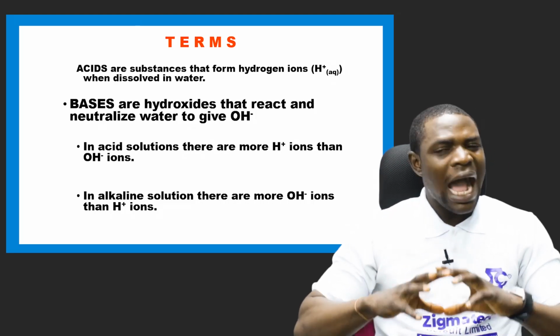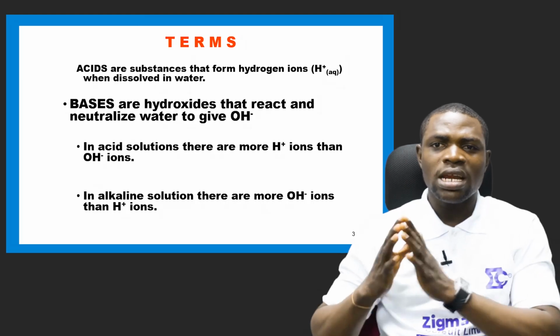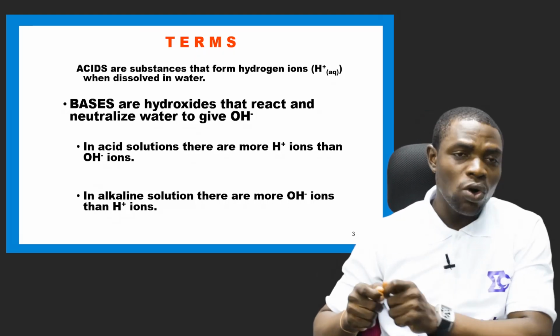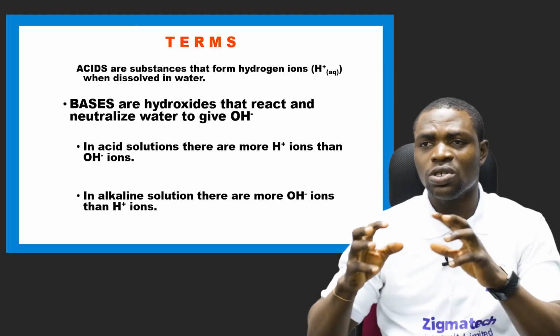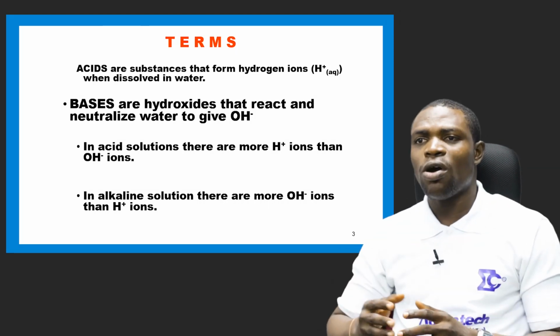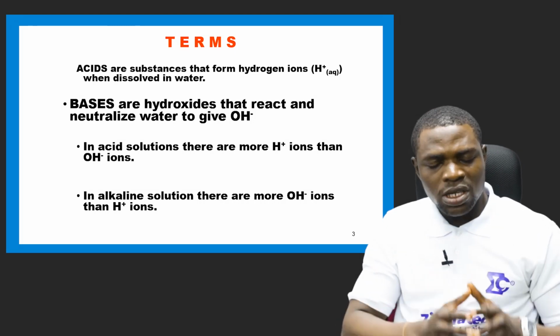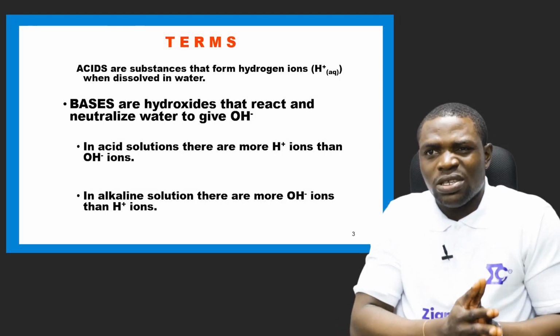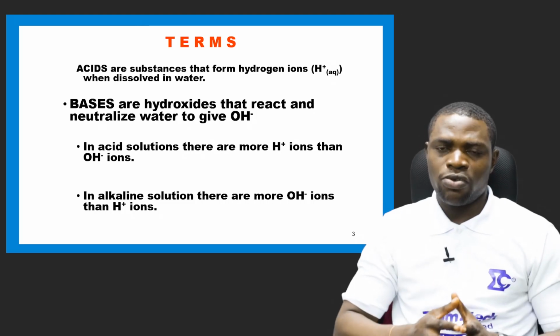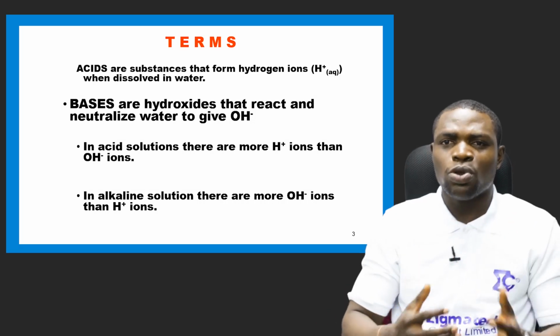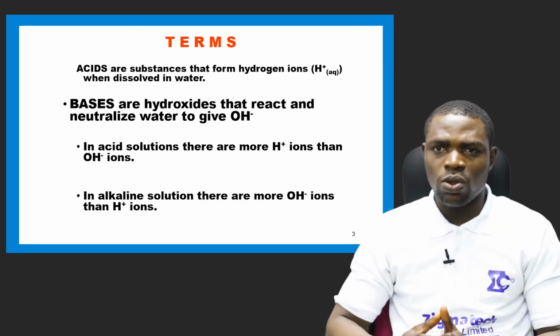And bases are hydroxides, and when they react with water, they give hydroxide ion, OH negative. So you need to differentiate between the giving off of hydrogen ion and hydroxide ion. Hydrogen ion is a product of acid reacting with water, while hydroxide ion is the product of base reacting with water.